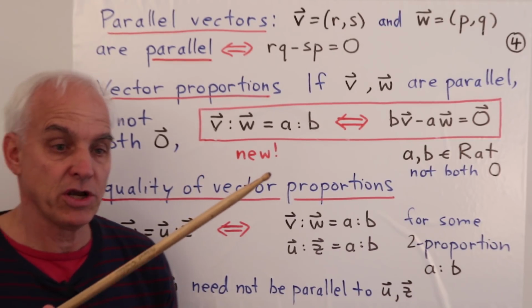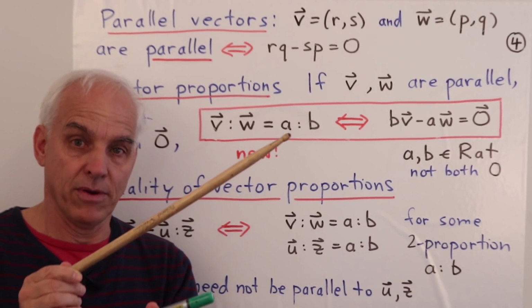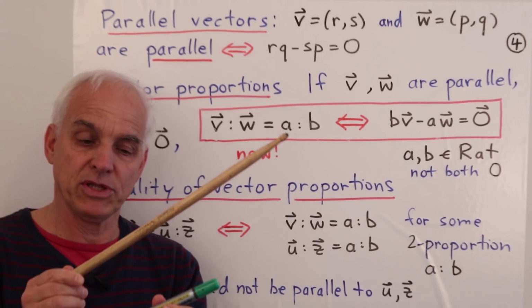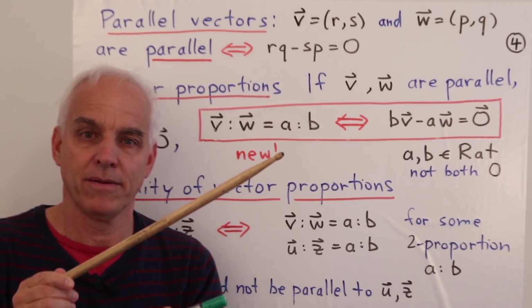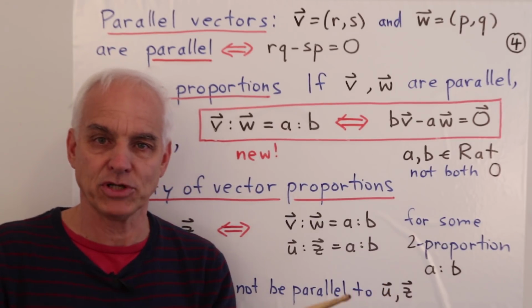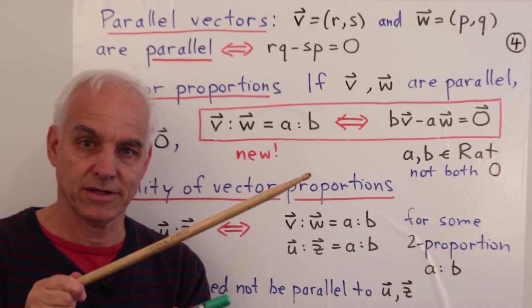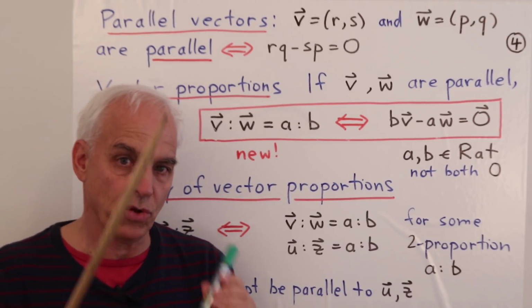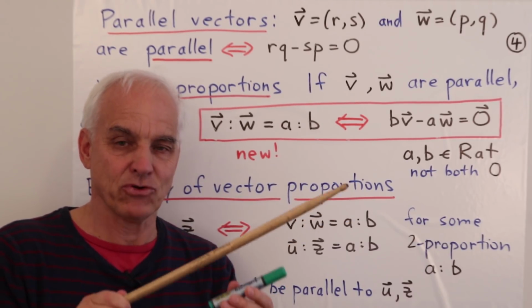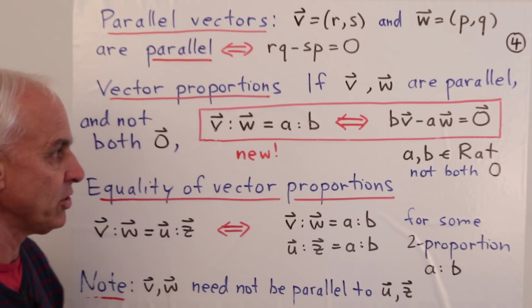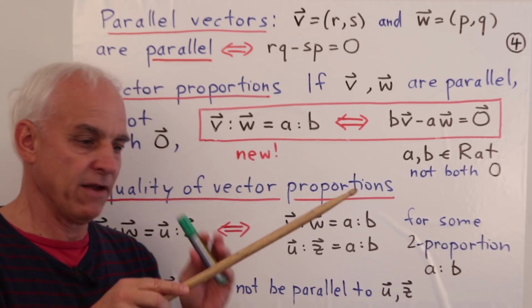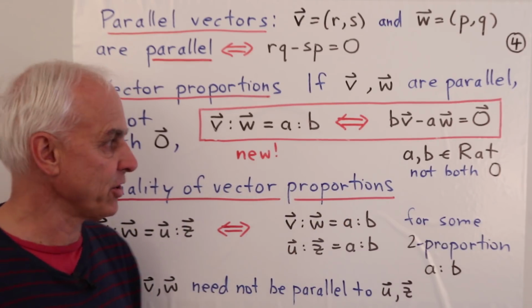So then the proportion v to w, the proportion between these two vectors, is the same as the proportion of 3 to 1. But it's crucial that the vectors be in the same direction for us to be able to say that. We do not define the proportion if the two vectors are not in the same direction.